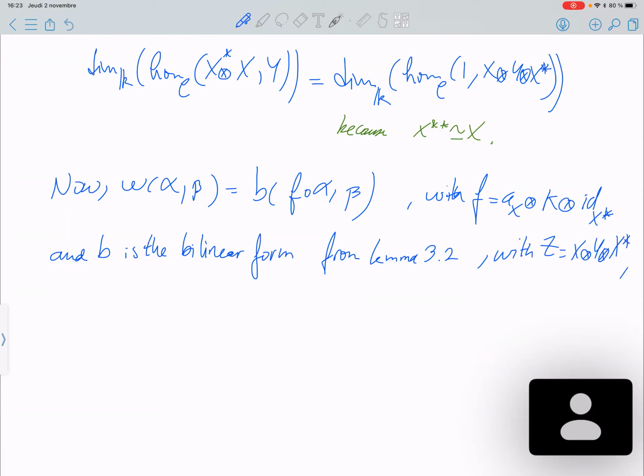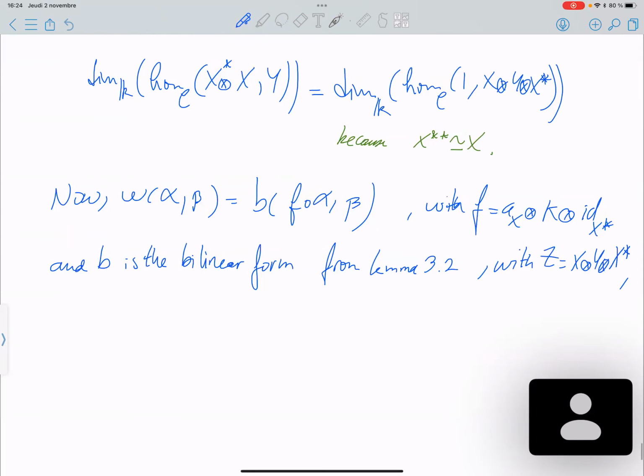So we automatically get the non-degeneracy because in lemma 3.2, we already proved that this is non-degenerate. And F is an isomorphism. So this is non-degenerate. And we are done.